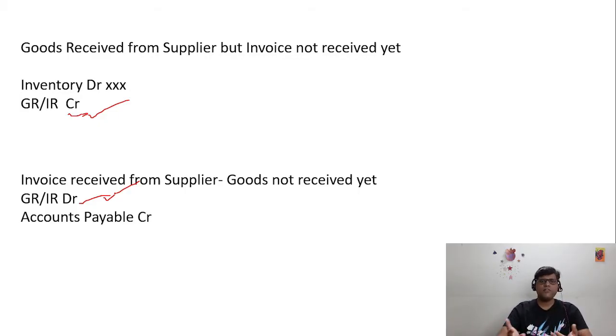For example, for this month, that means 31st March. On 31st March, what is our GR/IR clearing account balance? Because both items are not completed, in one scenario invoice not received, in the second scenario goods not yet delivered. So on the closing date we are going to make these adjustments.